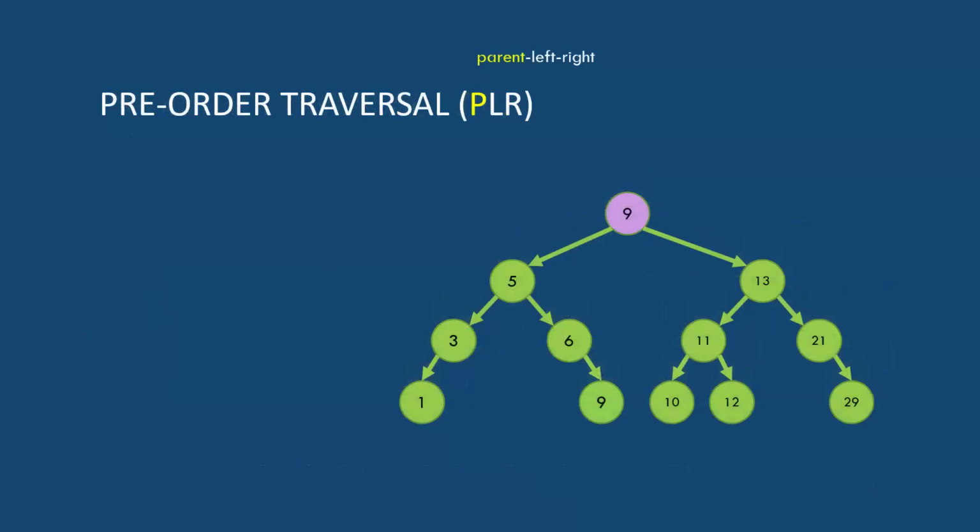Okay. Here's the PLR, or parent before. So write down the parent first as you travel down. And when you finally hit the left, write down the left. And then don't write down anything else until you explore a right child, right? And so that is 953169 would be this pre-order traversal, which you might think, is that good for anything?